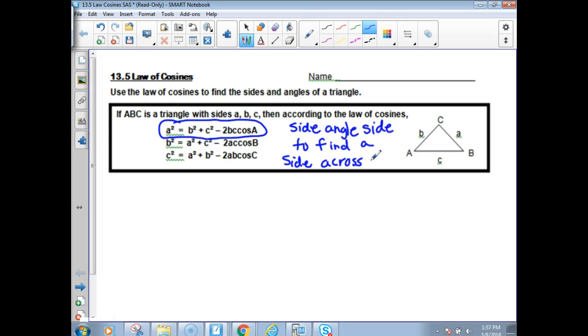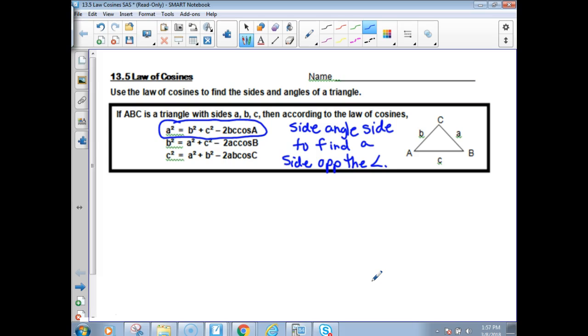Okay, so across or opposite, I should say, instead of across from, because in math we tend to say opposite side or angle or side opposite the angle to find a side opposite the angle. Okay, so if you understand what I just said there, if you have a side and an angle and a side, then you can find the missing side that's opposite the angle that you're given.